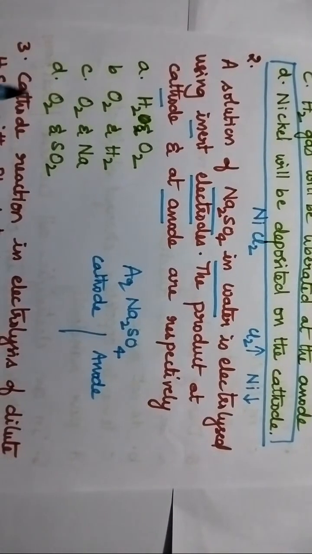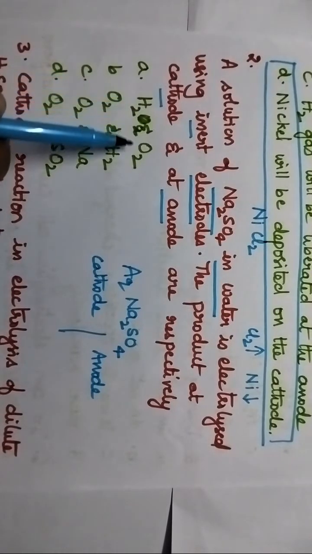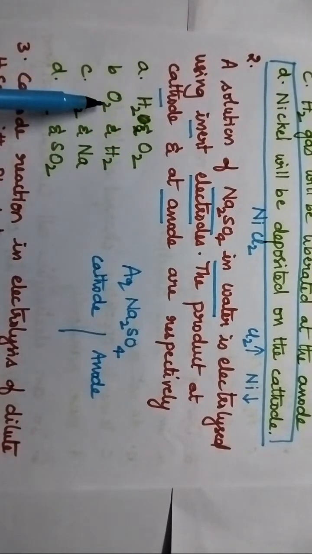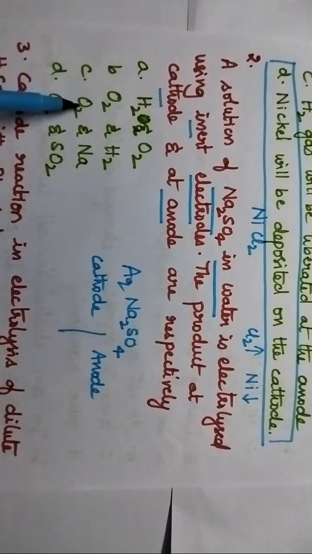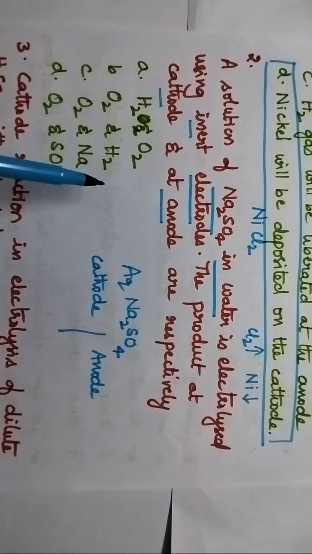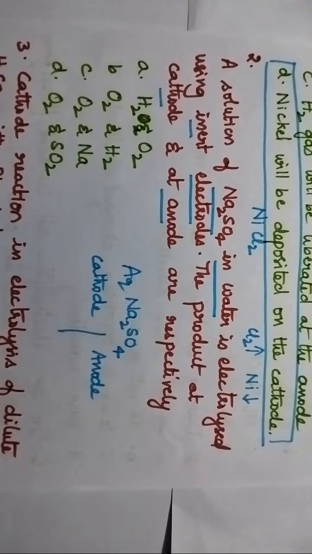I will read the given options. Option A, H2 at cathode, O2 at anode. Option B, O2 at cathode, H2 at anode. Option C, O2 at cathode, sodium at anode. Option D, O2 at cathode and SO2 at anode.